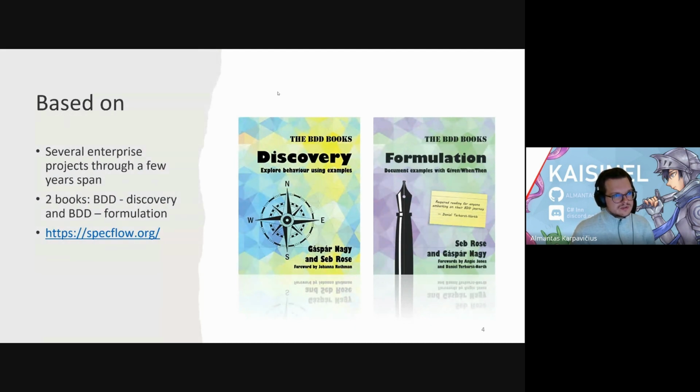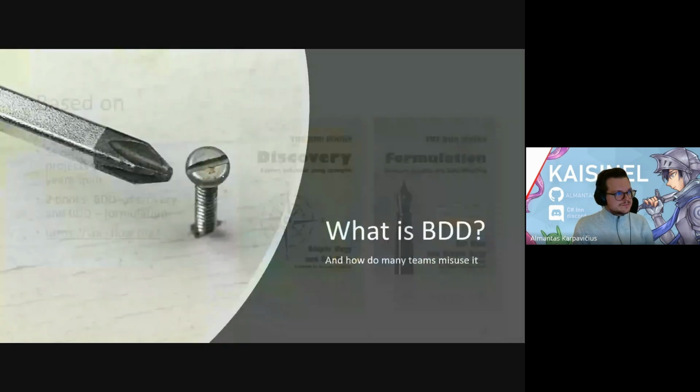Then there are 2 really good books that I recommend reading, that I base this presentation on: the BDD books, Discovery and Formulation. And there is a nice set of documentation as well as best practices for BDD on the specflow.org website. This is the .NET framework for doing Gherkin-based tests.